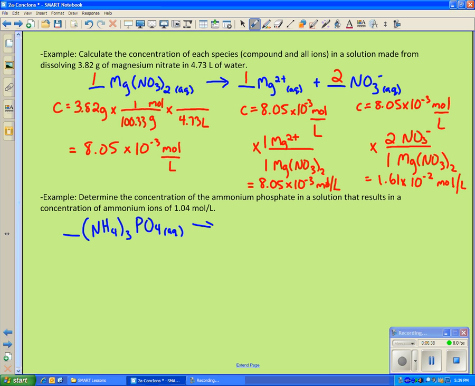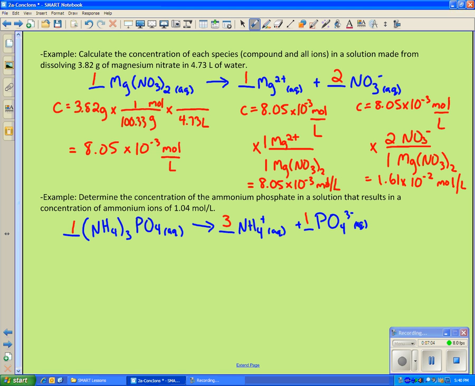That is going to dissociate or dissolve into ammonium ions with a charge of 1 plus, and phosphate ions with a charge of 3 minus. Balancing this with coefficients, 1 of our original compound will provide 3 ammonium ions and 1 phosphate.